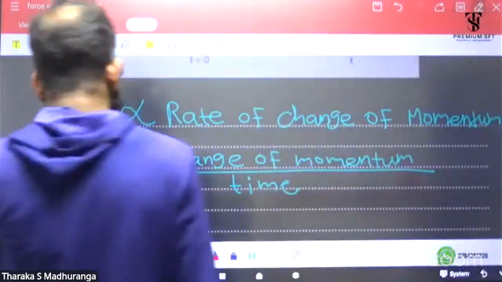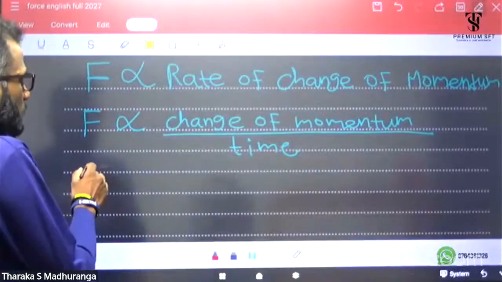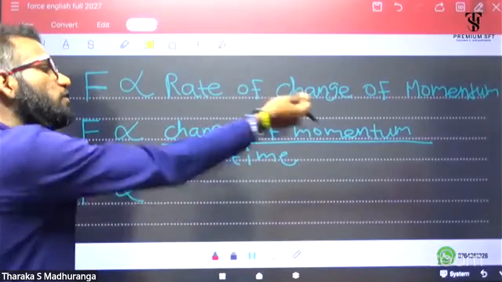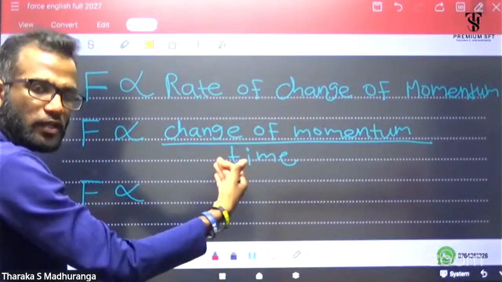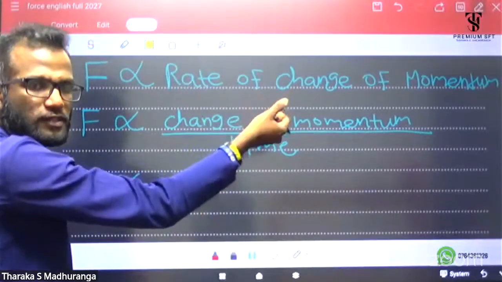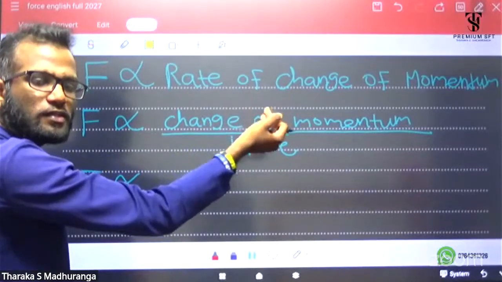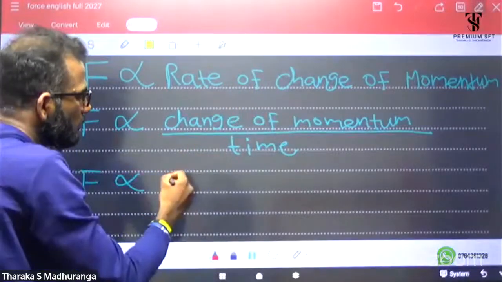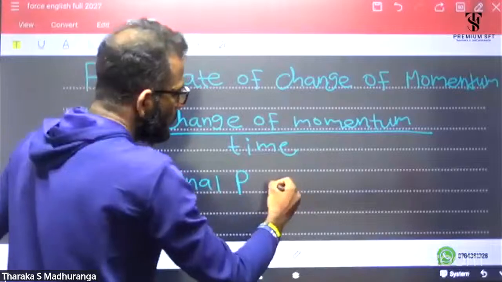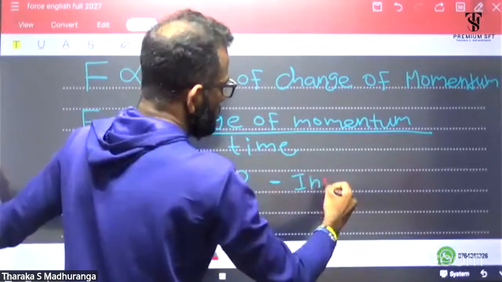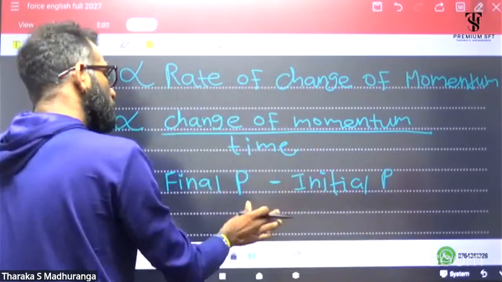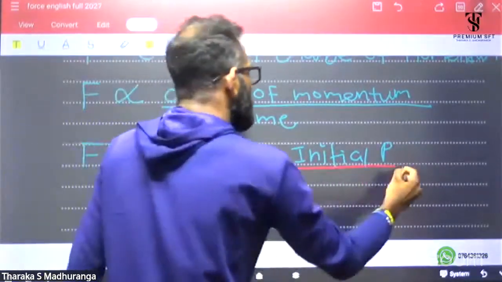Okay, if we simplify a little more, the unbalanced force is directly proportional to the change of momentum, meaning final momentum minus initial momentum. Change of velocity, right? Final velocity minus initial. Change of momentum means final P minus initial P, where P means momentum, divided by time.